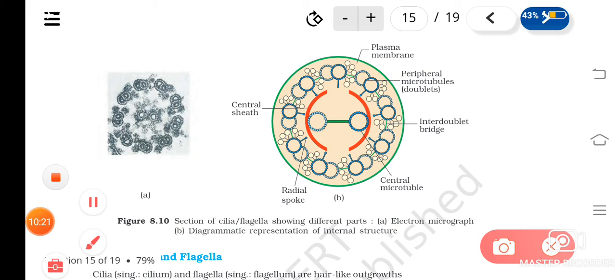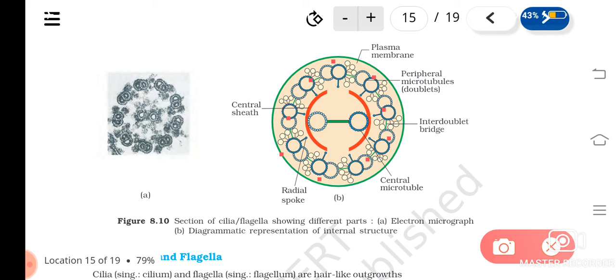How many groups are there? Nine groups: 1 2 3 4 5 6 7 8 9, and in each group there are two microtubules.